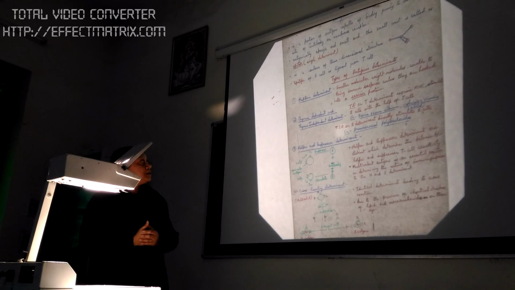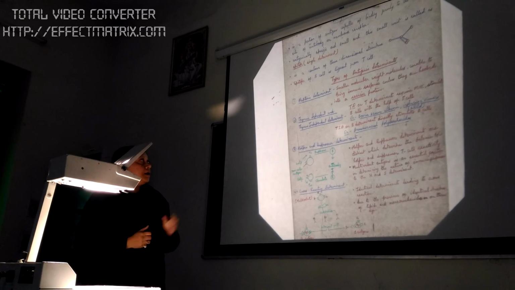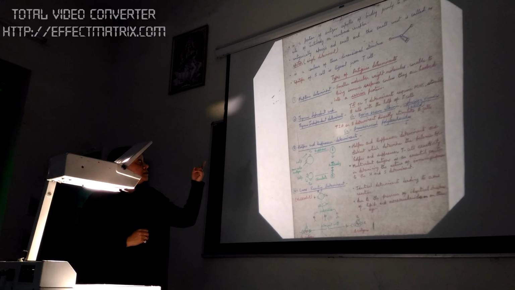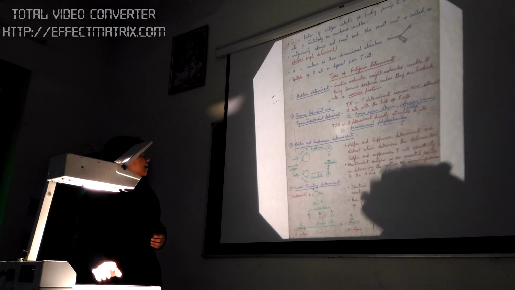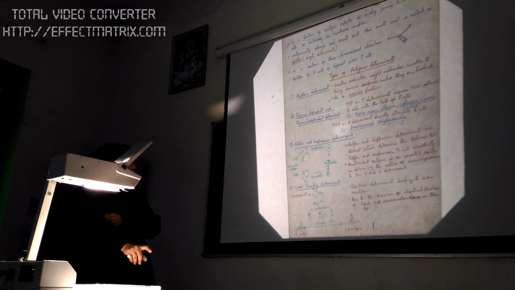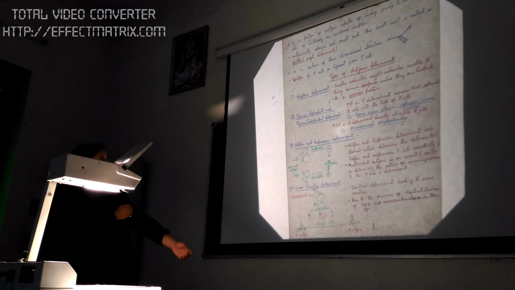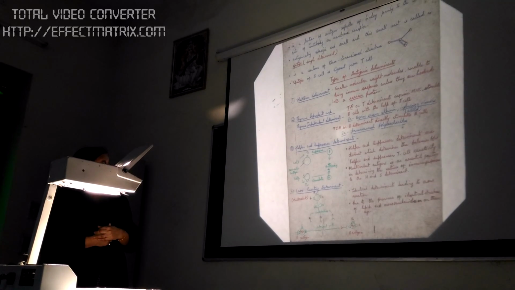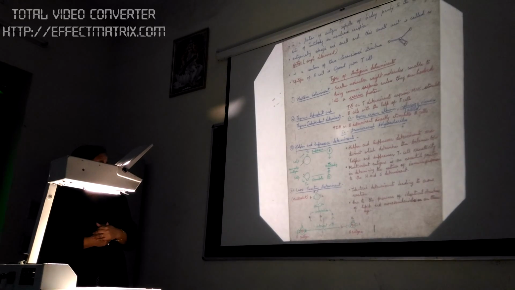Thymus dependent, the T determinant, requires MHC for stimulation of B cell with the help of T cell, and thymus independent, the B determinant, directly stimulates B cell. Then helper and suppressor determinants. Helper and suppressor determinants are distinct, which determine the balance between helper and suppressor T cell reactivity.